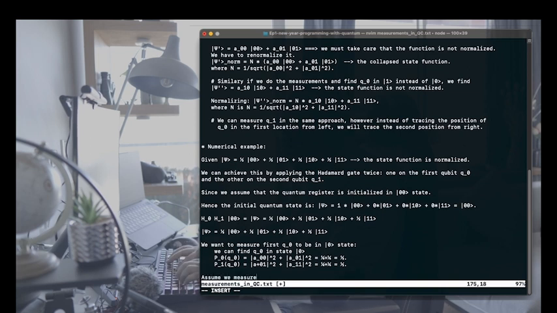And of course, if we find the first qubit Q0 to be in the ket 0 state, those are the probabilities to find Q0 to be in ket 0 or Q0 to be in ket 1.